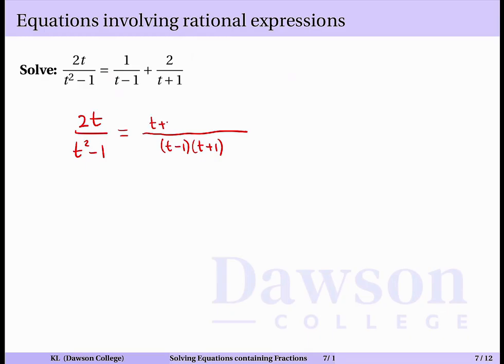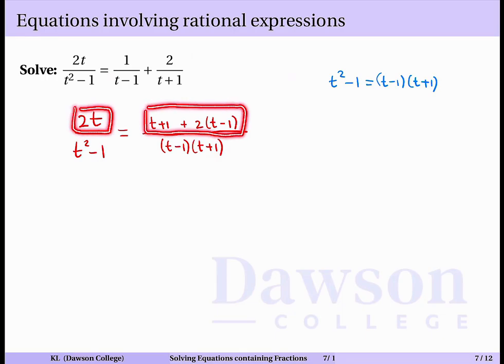We'll get t plus 1 plus 2 times t minus 1. And now noting that t squared minus 1 is equal to t minus 1 times t plus 1, this means that the denominator here is the same as the denominator here. So we can just equate their numerators. This one equals this one.